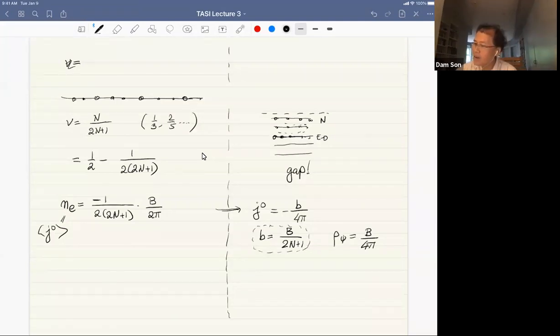Basically, you need to count how many states there are in each Landau level, but you have to count only 1/2 of the E equal to 0 Landau level.